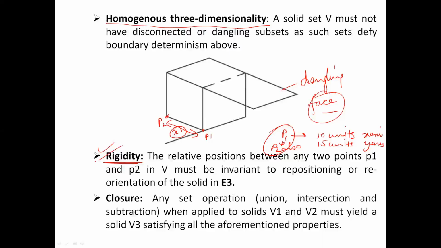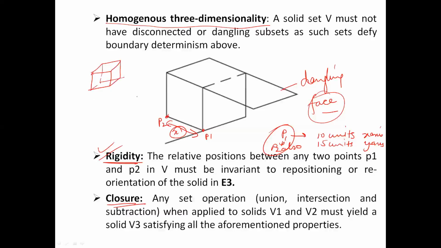And then the last important aspect is closure. Now, what does closure mean over here? Closure means all the above points, that is boundary, interior, homogeneous three-dimensionality, rigidity, and boundary determinism, should be satisfied. That means any object is called a solid object if it is a perfectly closed object.